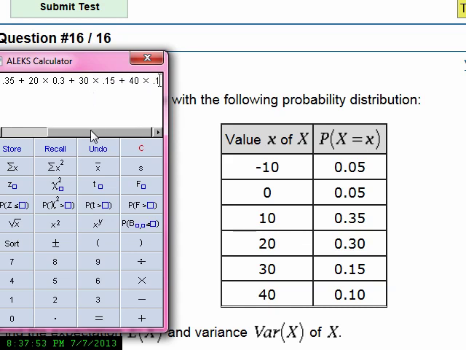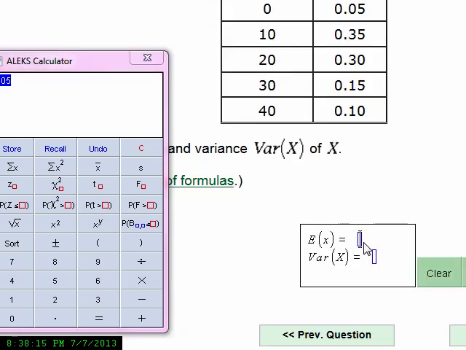So let me make sure I put it all in right. Negative 10 times the first, 10 times 0.35, 20 times 0.3, 30 times 0.15, 40 times 0.10. And I skipped the 0 because we know 0 isn't going to make a difference there. So it's 8.05. So that there is the variance. I mean the expected value. And then I'm going to store that.